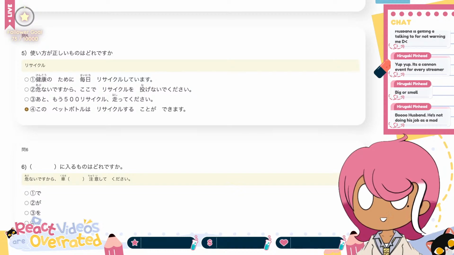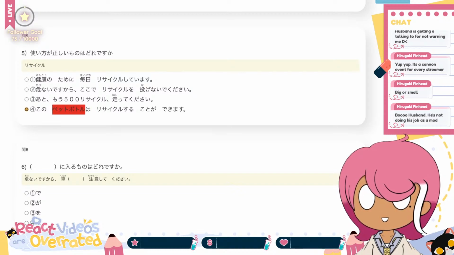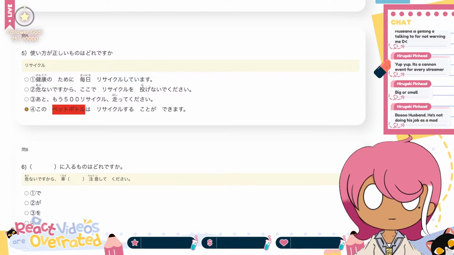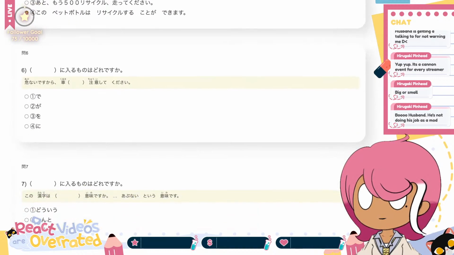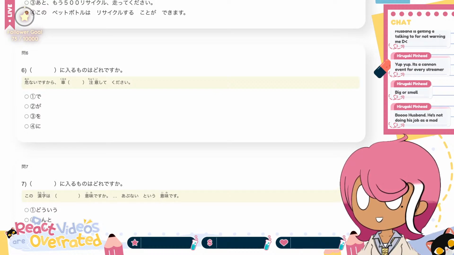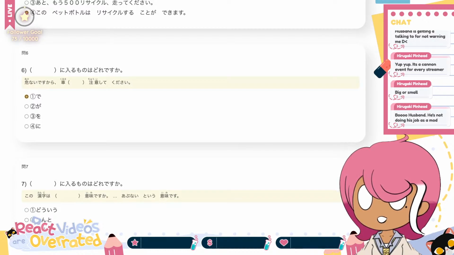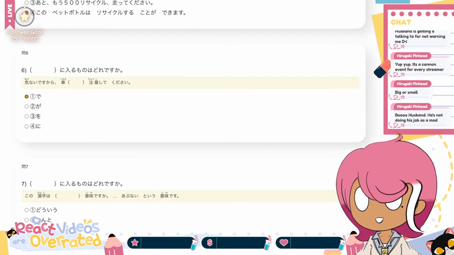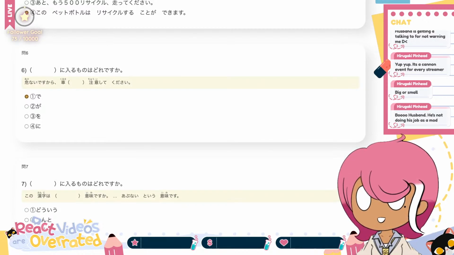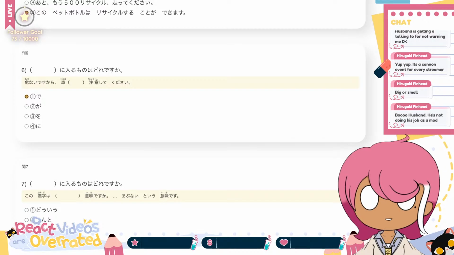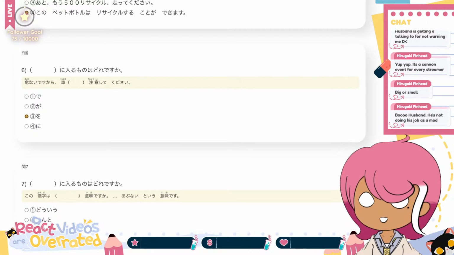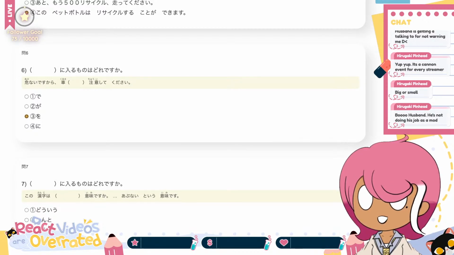It's talking about, so ペットボトル, that's their way of saying plastic bottles. No. Alright, we're gonna say de for this one. So you know it's not ga. It could be ni. Like if it's not de and if it's not ga, it's definitely ni. Because it was not o, I don't think. No, wait, it could have been. Oh man, I hate when I have to second guess myself. I'm gonna say o.